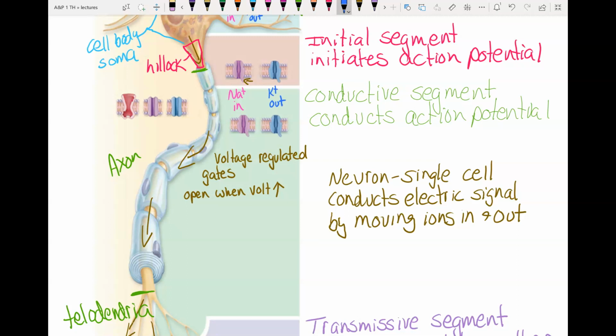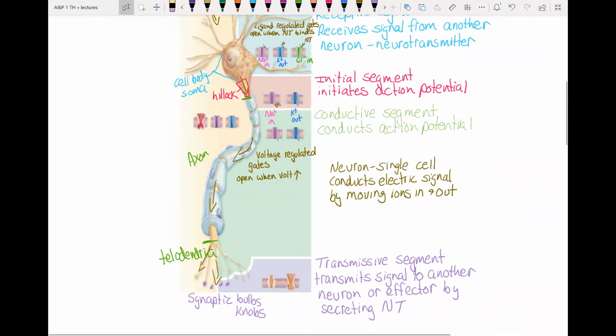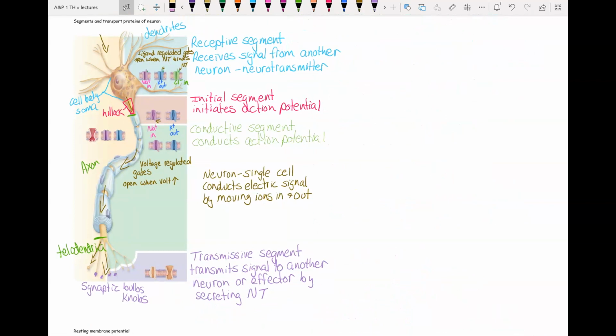Okay. Over here to the left, we have 3 more transport proteins. Look at the color coding scheme of the whole neuron here. On the left, it's yellow, right? From here all the way down to here. So what that's representing is that these 3 gates are found throughout the neuron. So the gates that are on the right in the specific sections are only found in that section of the neuron.